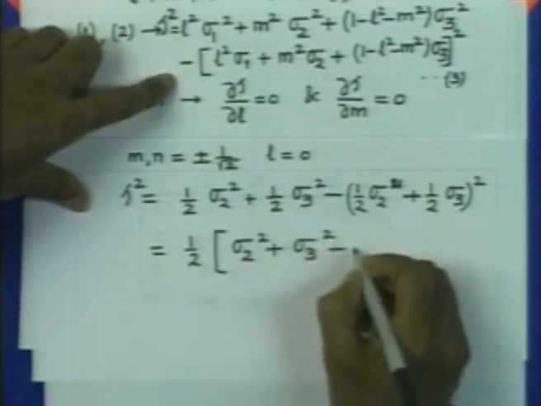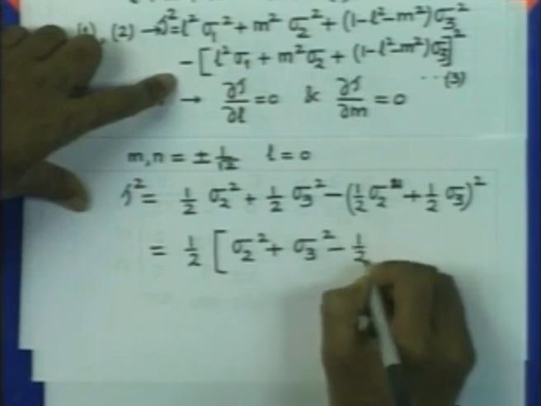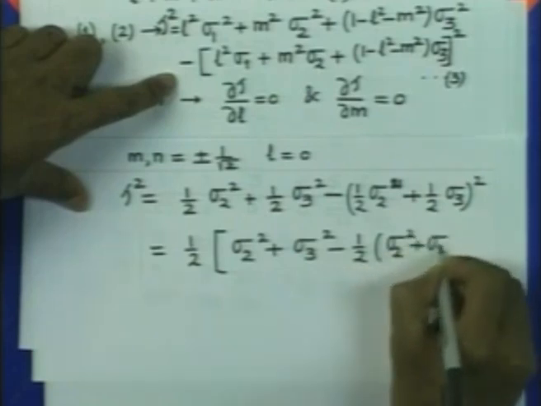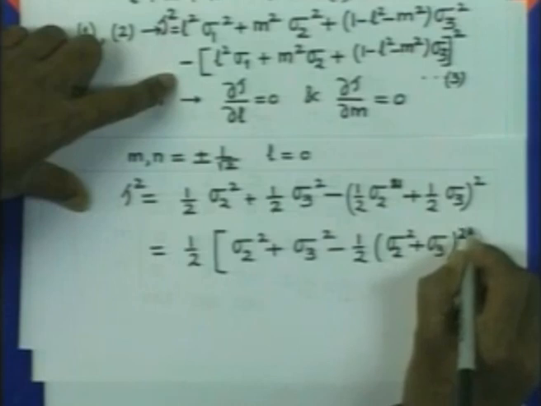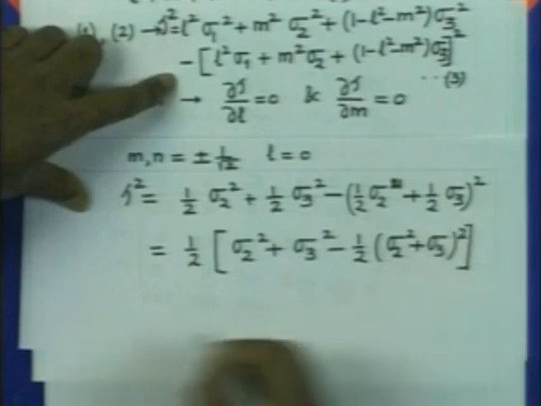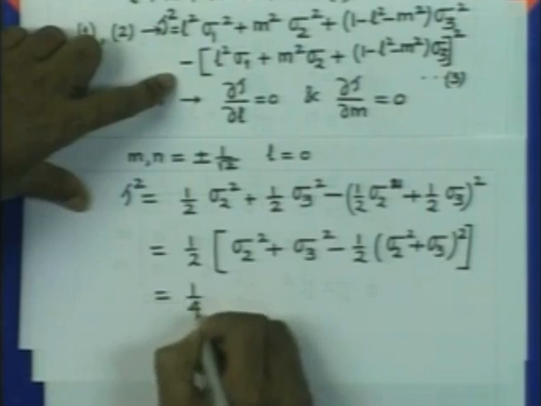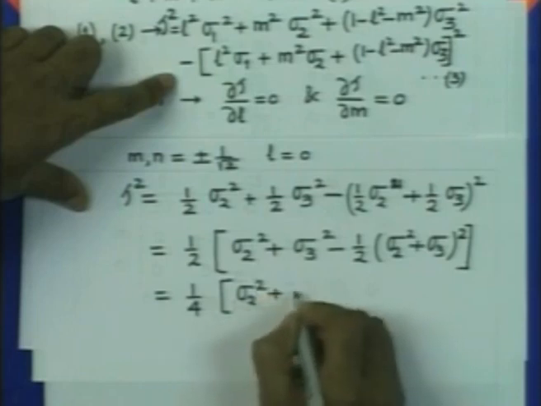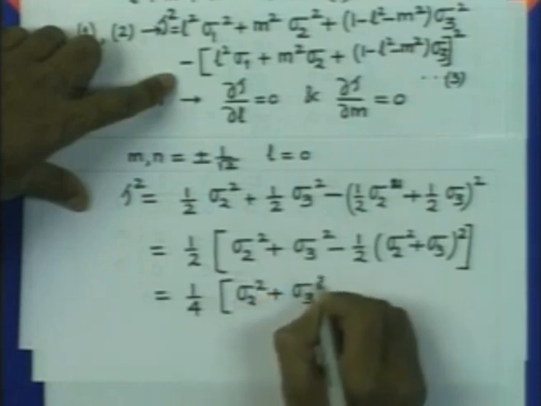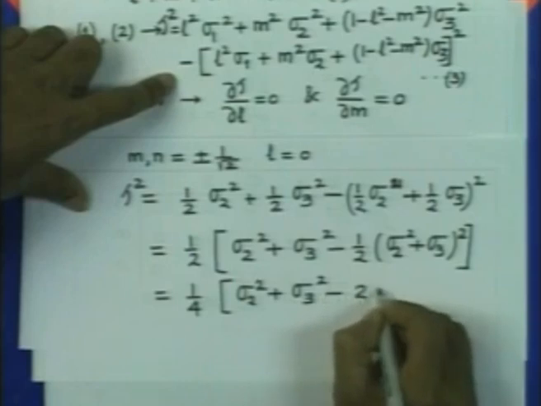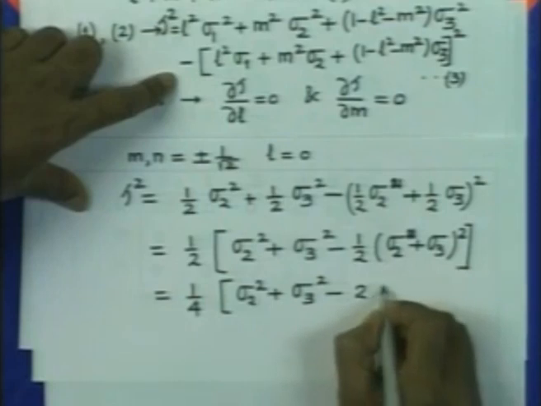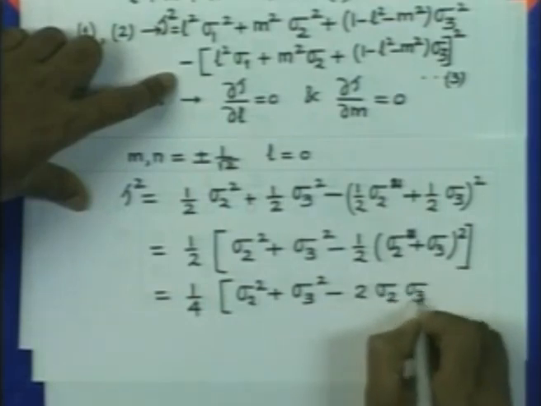minus half sigma 2 square plus sigma 3 square. So, this gives us 1 by 4 sigma 2 square plus sigma 3 square minus, this is again wrong, so this is sigma 2 sigma 3.